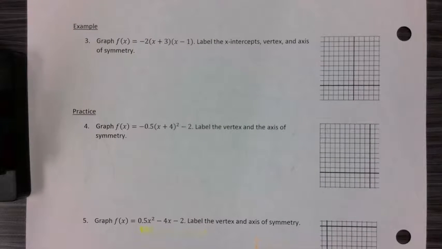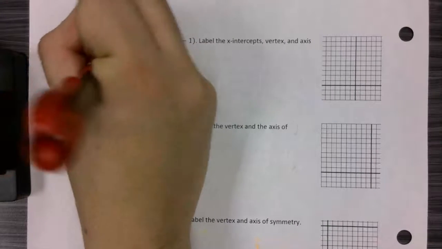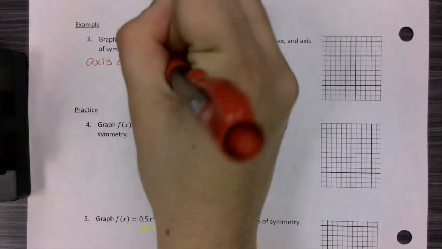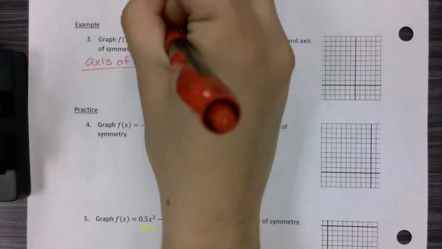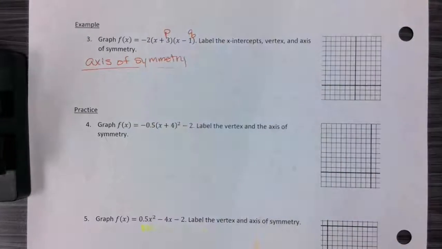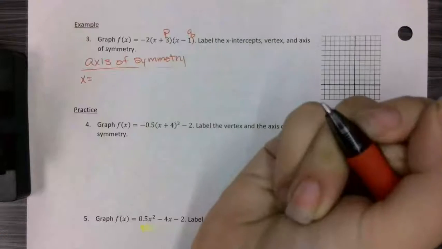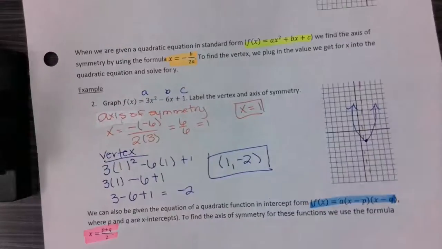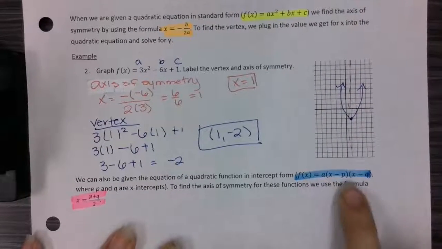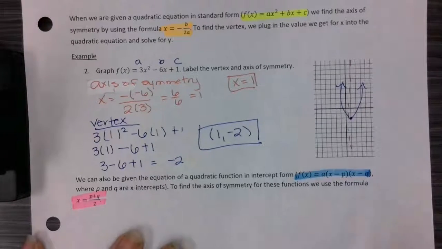Okay, so on this one, I'm going to start by finding my axis of symmetry. So this one labeled them P and Q. So for my axis, I have x equals, let me double check the formula really quick. Okay, so over here, P and Q are opposite their signs. When I plug them into the formula, I change the signs.